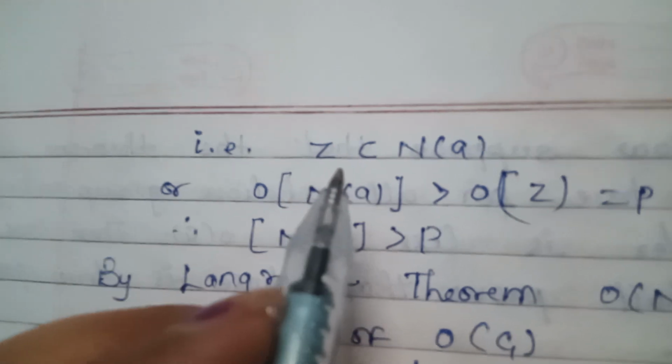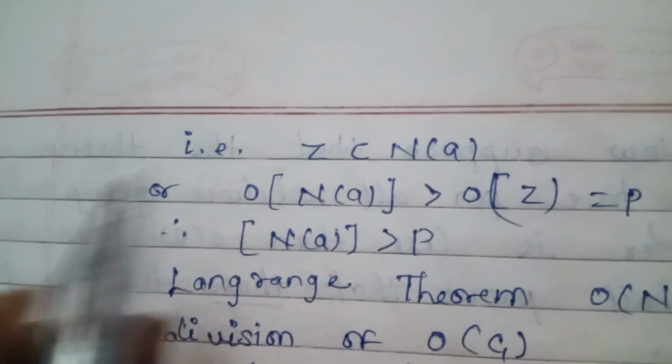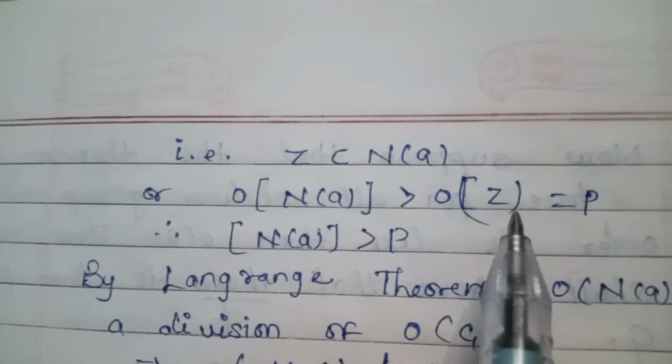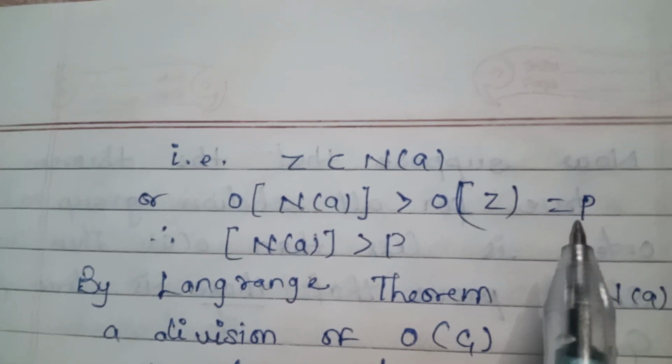So the order of N(a) is greater than the order of Z, which is equal to p.